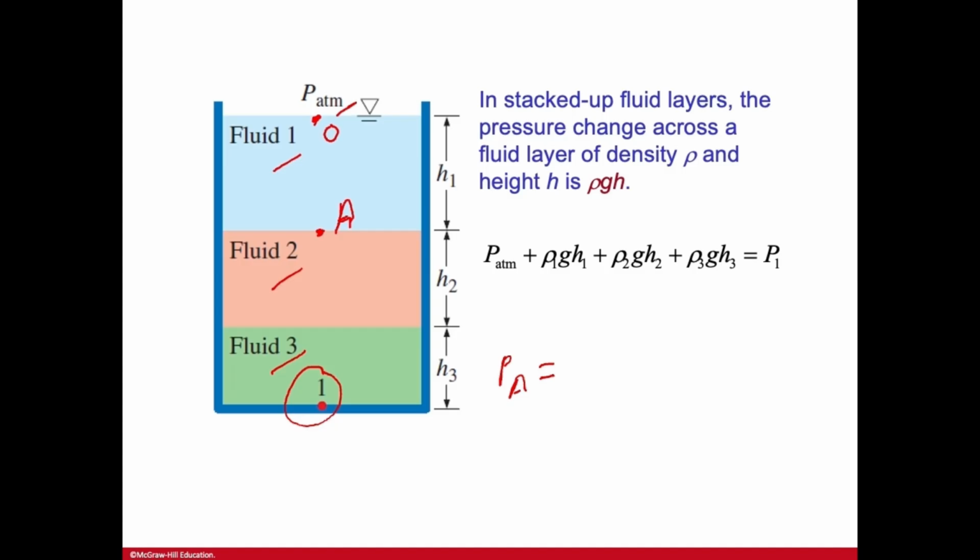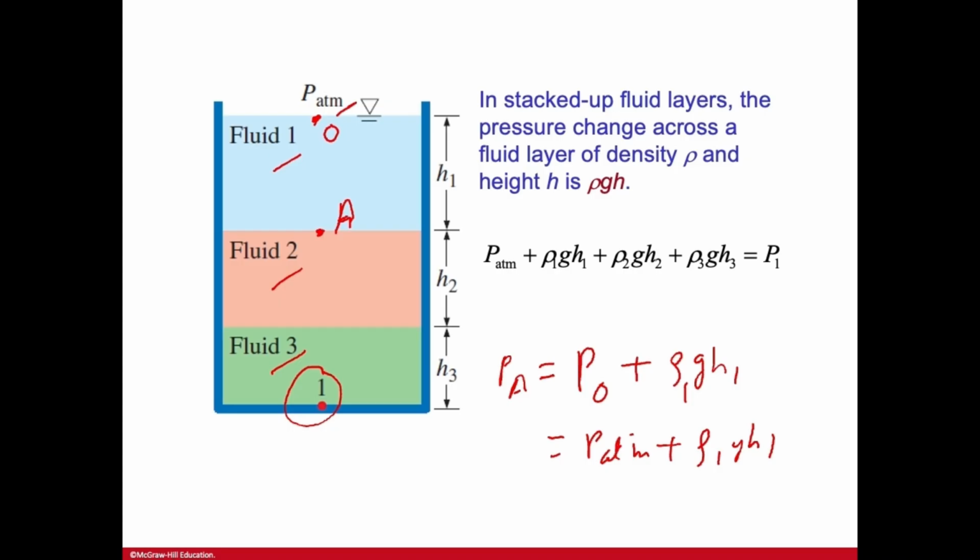So when it comes to point A, pressure at A corresponding to pressure at O will be bigger, so you add the pressure corresponding to the weight, so it's rho 1 g h1. Now P0 is nothing but atmospheric pressure. So you are able to get PA.